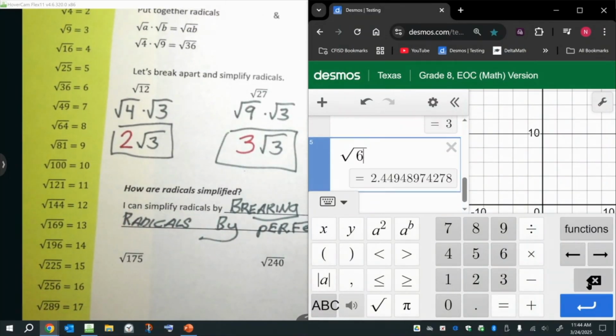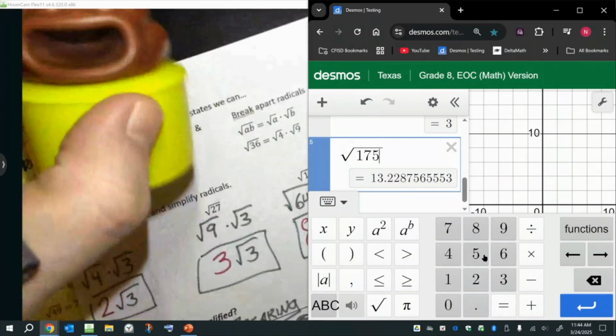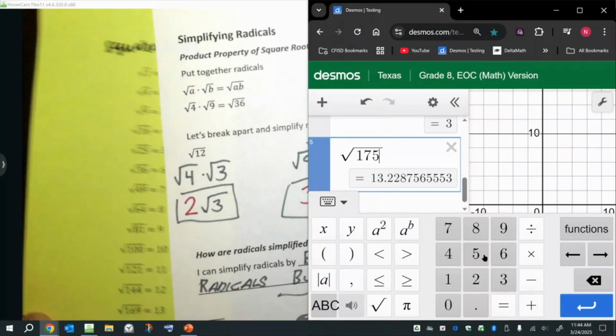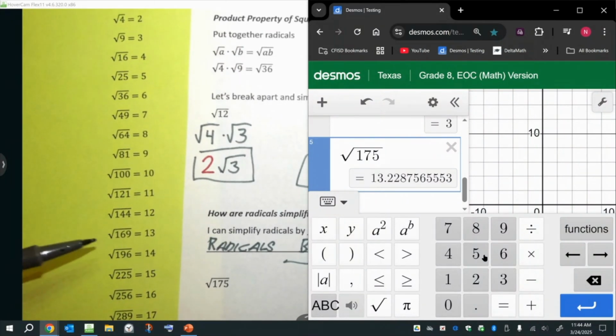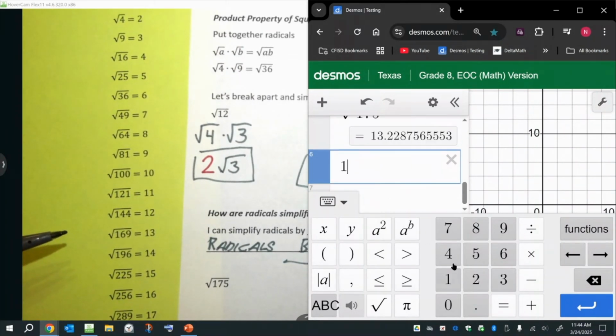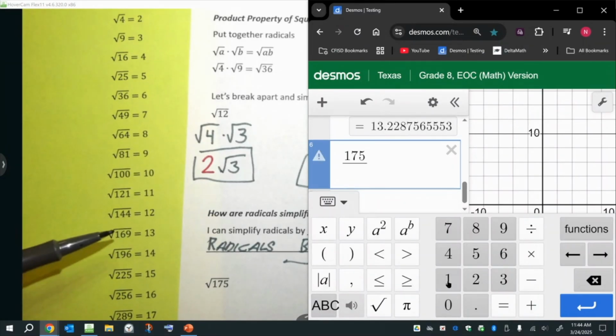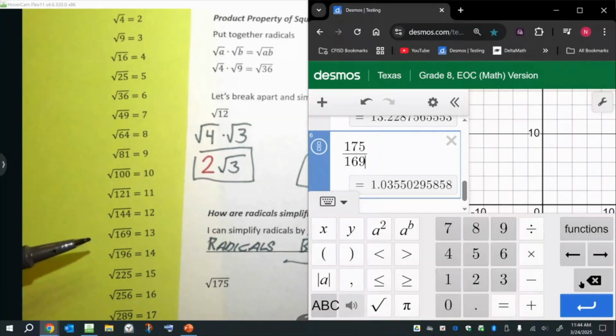Square root 175. Poopy. So let's try the perfect squares. Let's see, 175. Let's see, 169. So let's do 175 divided by the next biggest perfect square. No. How about the next biggest perfect square?